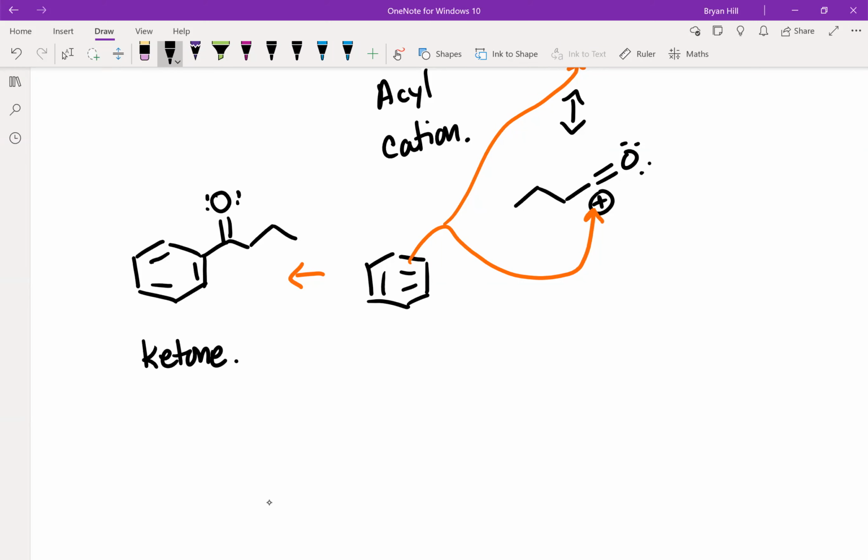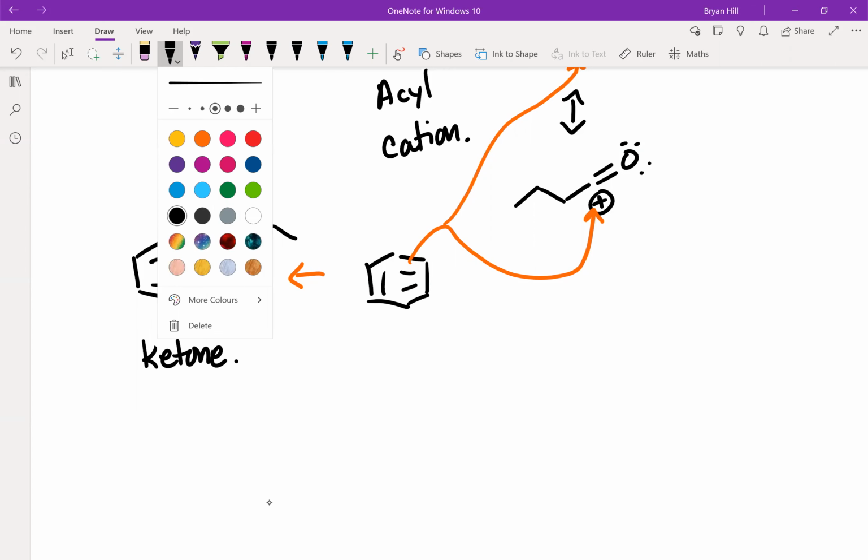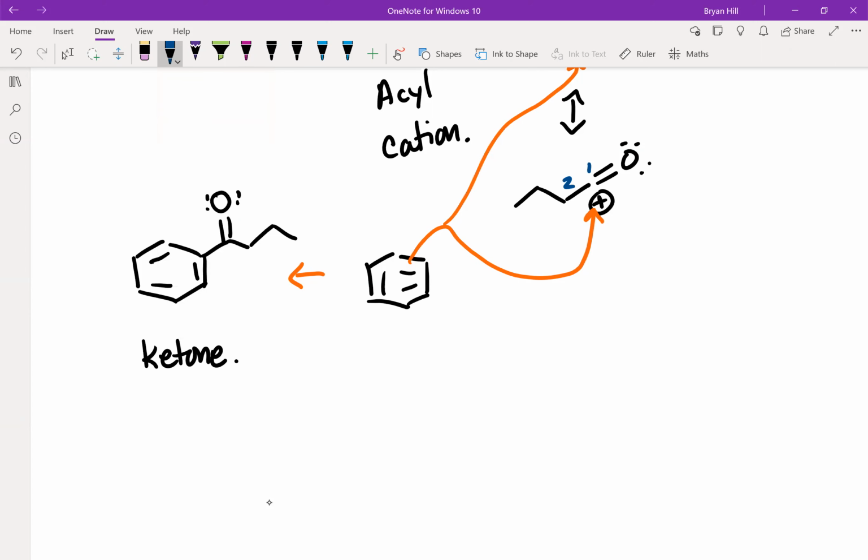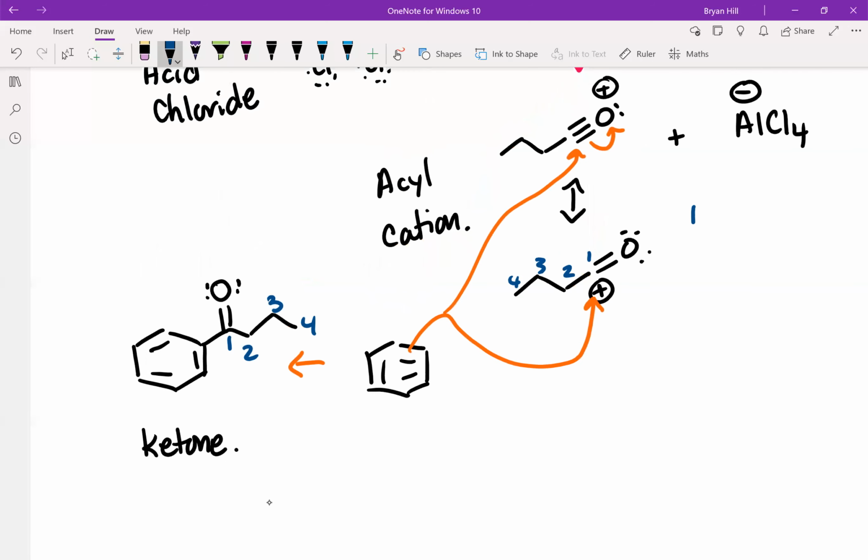So this reaction always takes place at that carbon. If we label this carbon as 1, 2, 3, 4, there is no rearrangement.